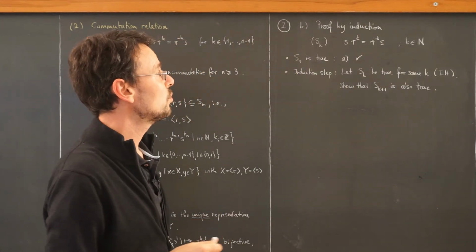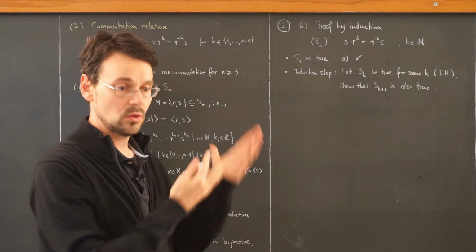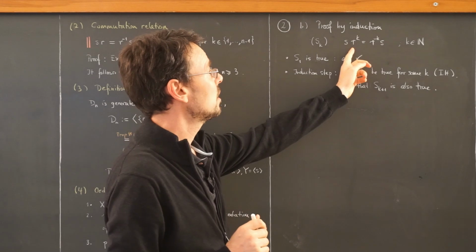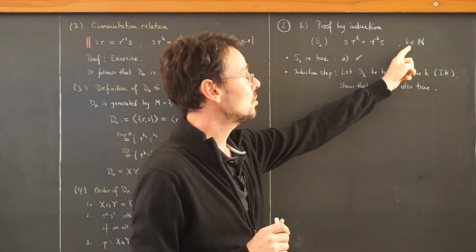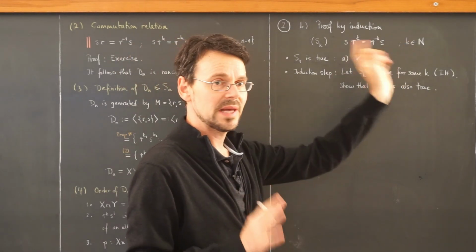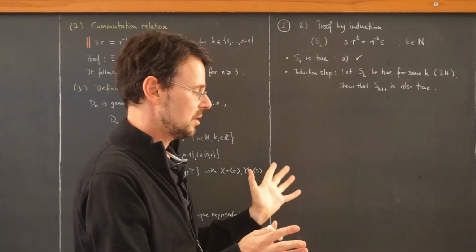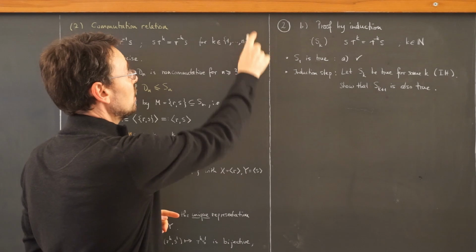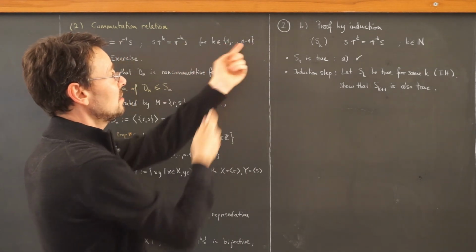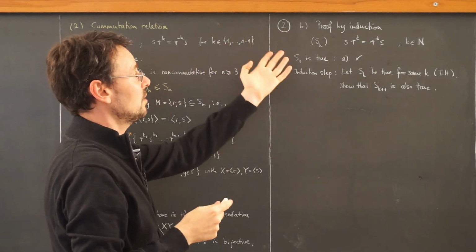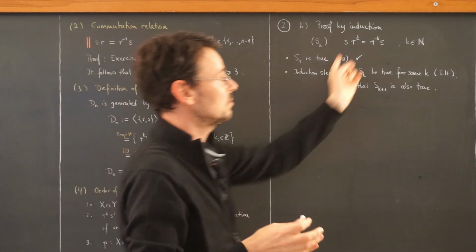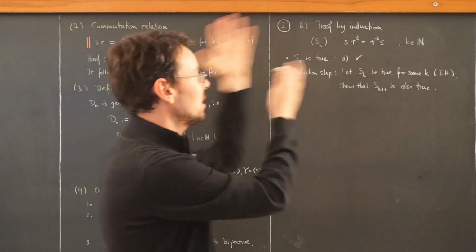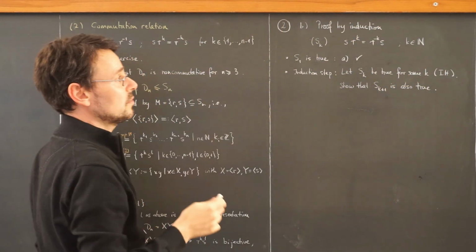Let's review proofs by induction, or let's learn them for the first time. We have a statement that we are supposed to show for any natural number. That's always the setting in an induction proof. Here, the powers of R repeat themselves after k equals n, but that's not important. If we can show that this holds for all natural numbers, then especially it holds for those k.